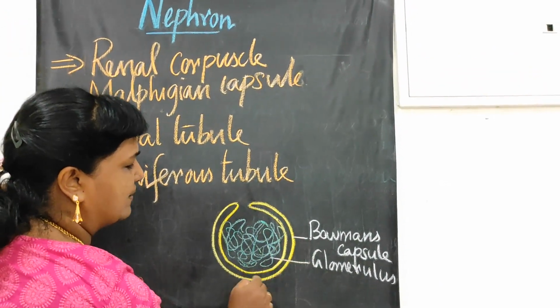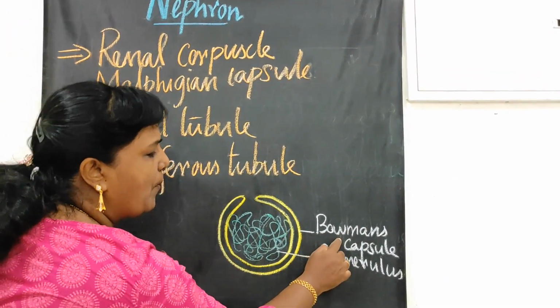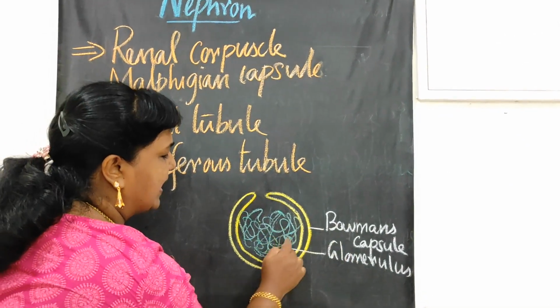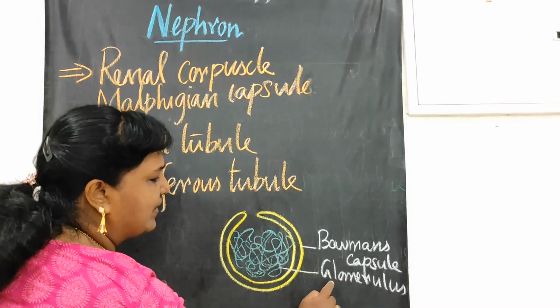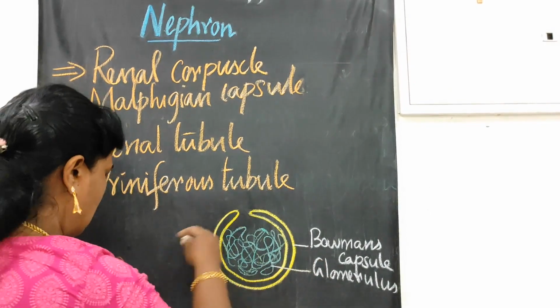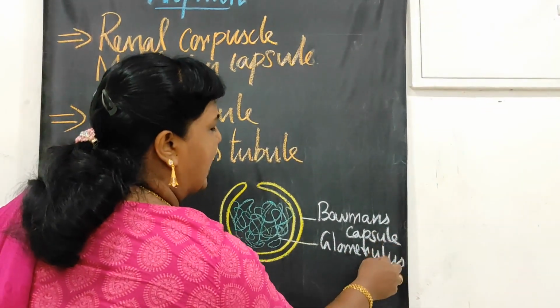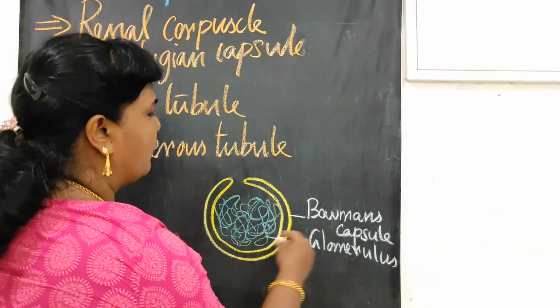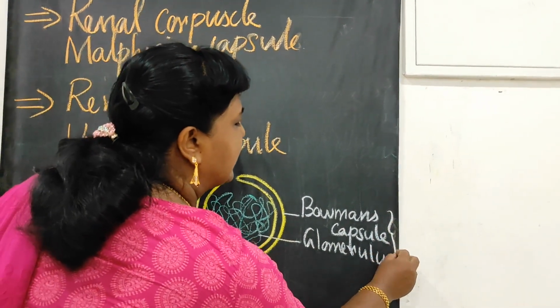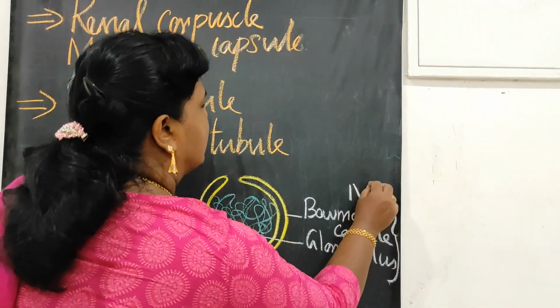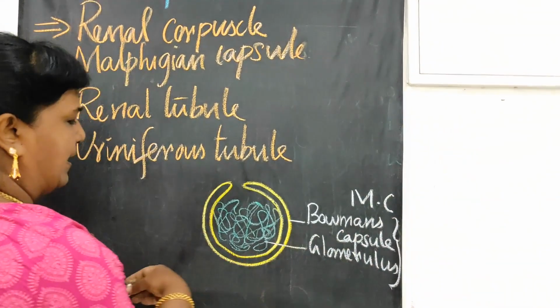Bowman's capsule and glomerulus together form the Malpighian capsule.